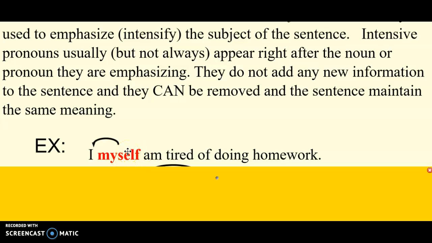It's not telling me why I'm tired of doing homework or how tired I am of doing homework, okay? It does not provide any new information for me, one. Two, I could take that word out. I could say, I am tired of doing homework. And the sentence means the exact same thing as if I put this word in here. All right?